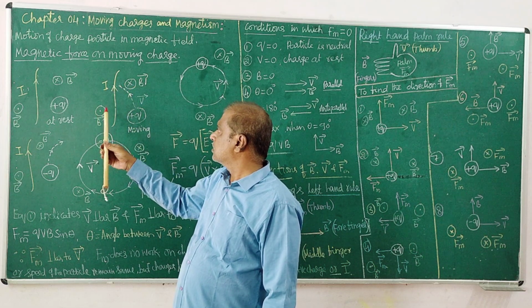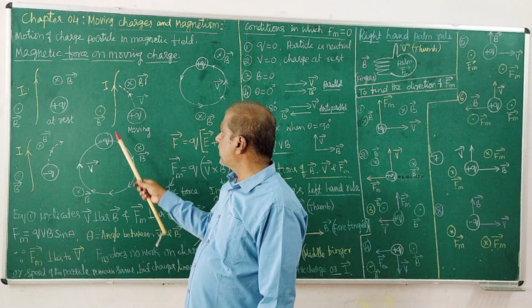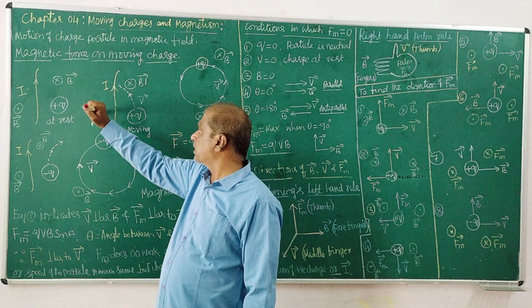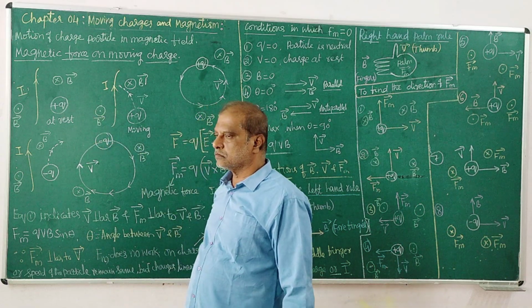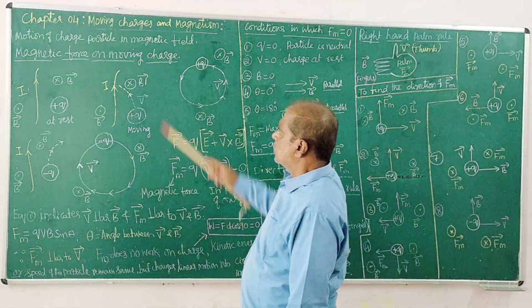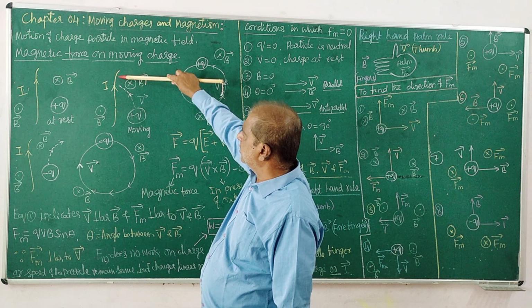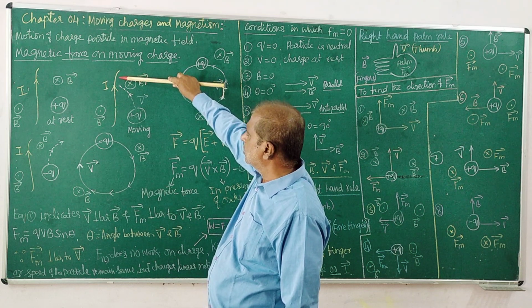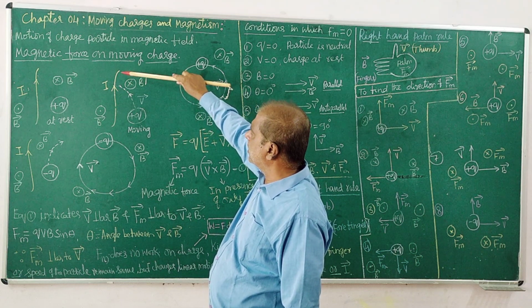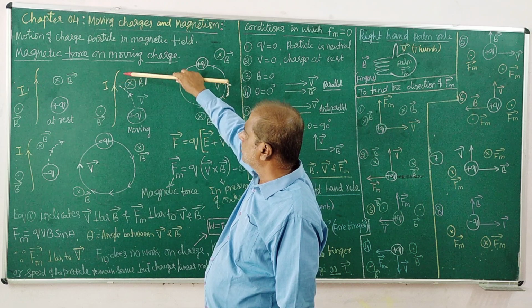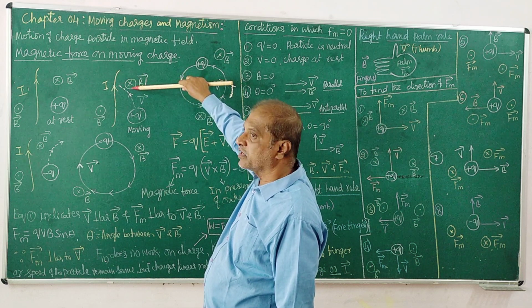This side there is a magnetic field perpendicular to the plane in the outward direction. This line on the plane is the conductor carrying current. So every conductor carrying current has a magnetic field in its surroundings.